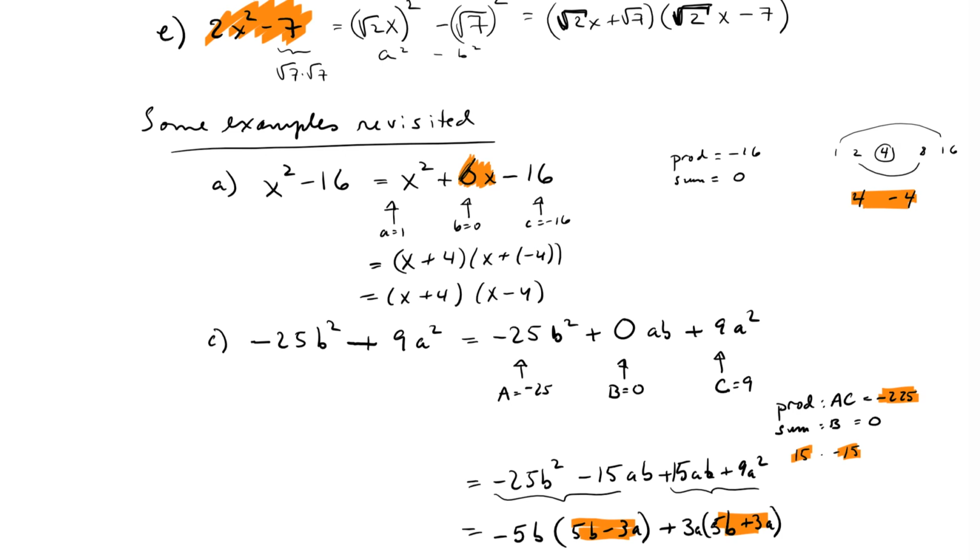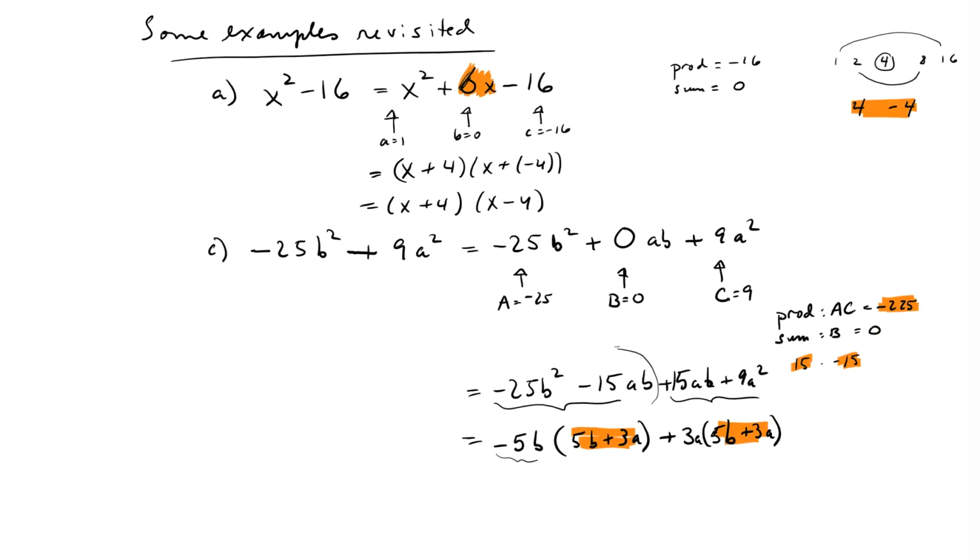There's a mistake that I made. Because I'm taking out minus 5b here, this needs to be a plus, right? So that when I multiply minus 5b by 3a, I do get back the minus 15ab. So I made a small mistake. So I do have the same factor, and then I can take away that common factor of 5b plus 3a, and then I'm left with minus 5b plus 3a.